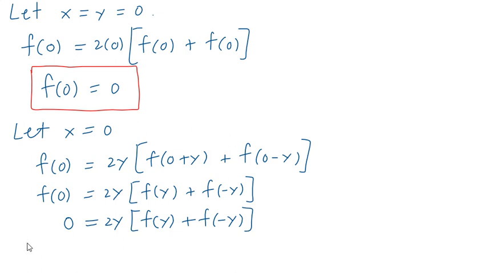Now for all y not equal to 0, f(y) + f(-y) = 0. This is because if y is not equal to 0, we can just divide both sides by 2y, and so 2y cancels out, and we are left with f(y) + f(-y) = 0.